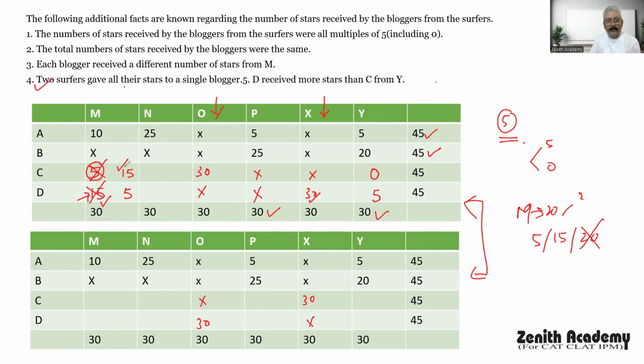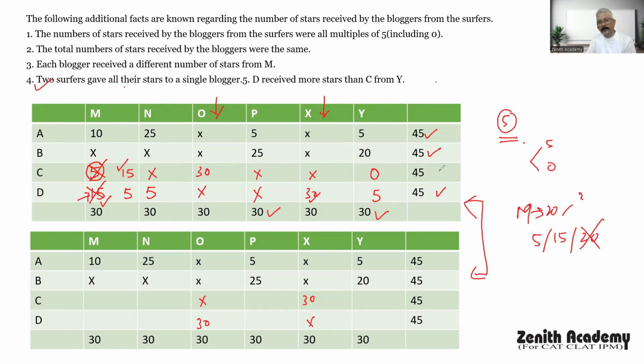Let us take the 15 with C. If M gives C 15, then 15 plus 30 is 45, it means cancel it out. And here M distributed 25 stars to A, so 5 stars are still left with N. So 25 plus 30 means 5 will go to N. Now 5 plus 5 is 10, plus 30 is 40, plus 5 is 45.